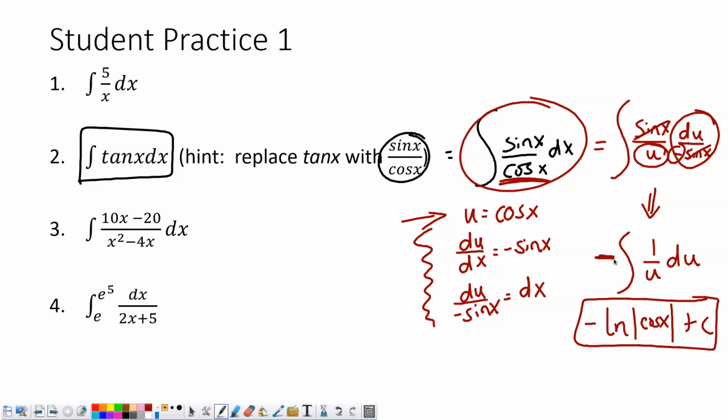Now, we're going to have a little bit of fun here just to mess around with you guys a little bit. As you guys know, I can write it like this, right? I can take the negative and make it a power. But what does a negative power do? Negative powers make reciprocals.